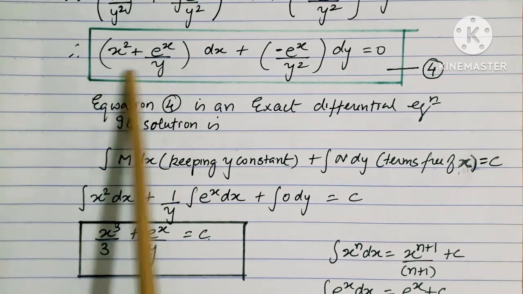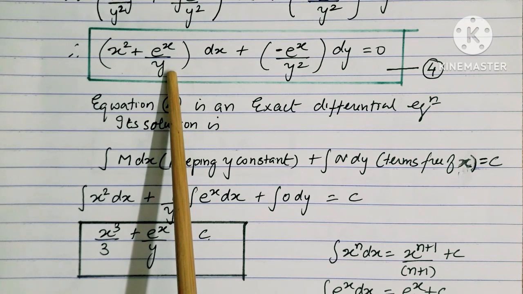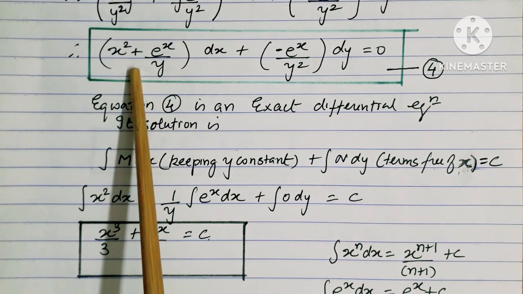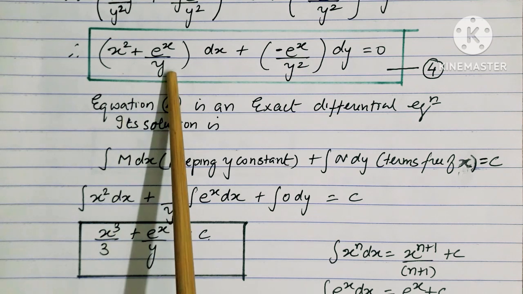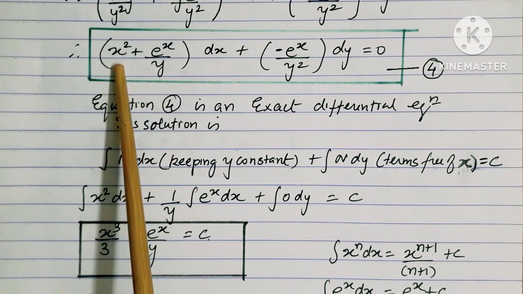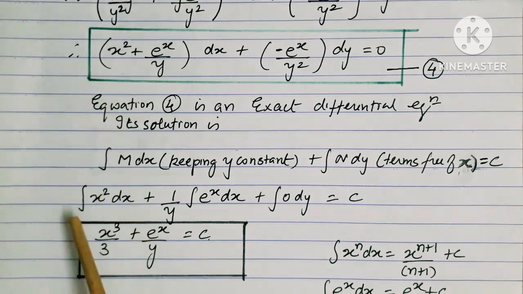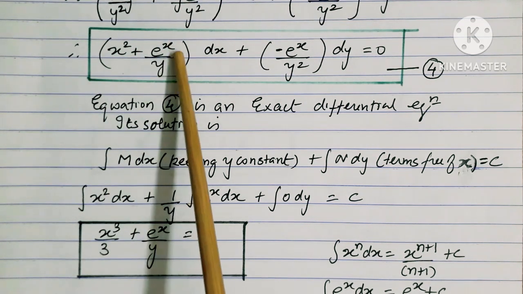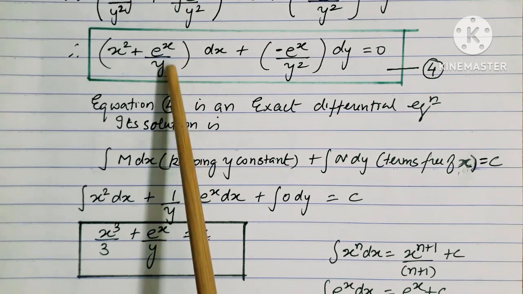Now, M is equal to x square plus e raised to x upon y, and we have to integrate M with respect to x, treating y as a constant. Now, the first term in M is x square, so this would be integral of x square dx. The second term is e raised to x upon y.